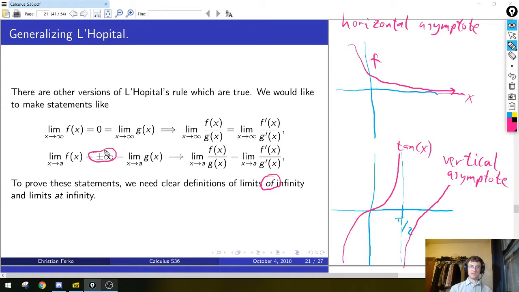The value of the limit is infinity, so it's a limit of infinity. And the first one, the horizontal asymptote, I will call limits at infinity. I think of this as x getting close to infinity, so it's at infinity. These are just the words. Questions on the words?